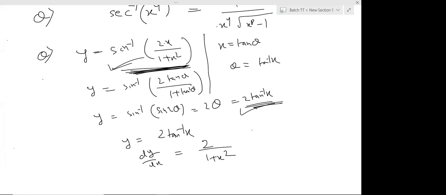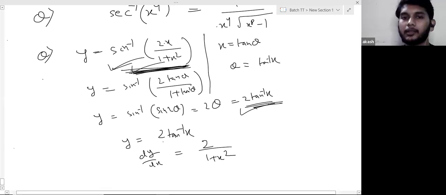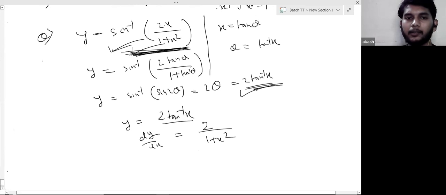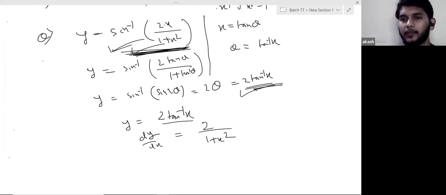All right. So this question becomes this question just by using the properties of inverse trigo functions. So please make yourself familiar with the inverse trigo functions properties. This is all in this topic, not a lot of things. If you just remember the properties, every question is like a piece of cake.